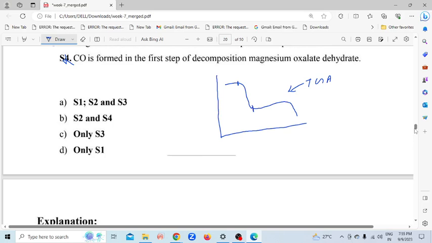But how will you measure where mass loss is highest? How can you measure? Think a little bit, then this will be clear. DTG. How will you measure that mass loss is highest?